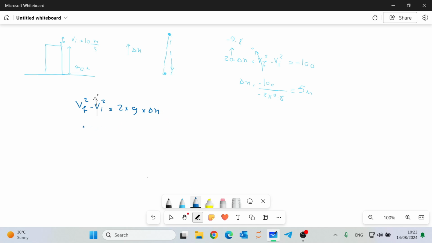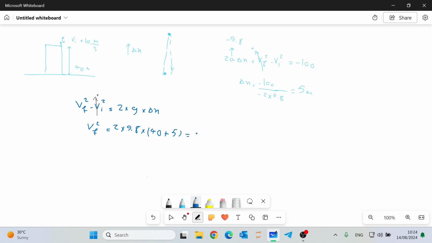So for the rest of the equation, it becomes vf squared equals 2 times 9.8 times 40, the height of the building, plus 5, the height that it goes up. Remember?